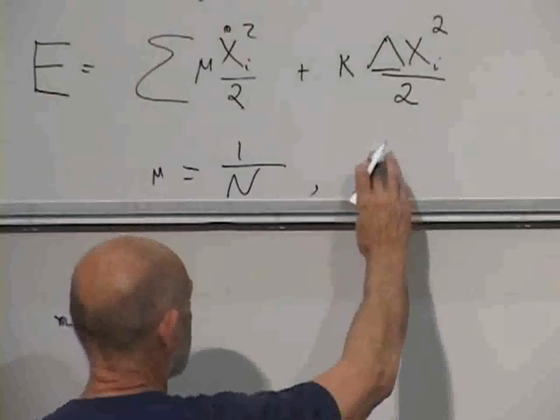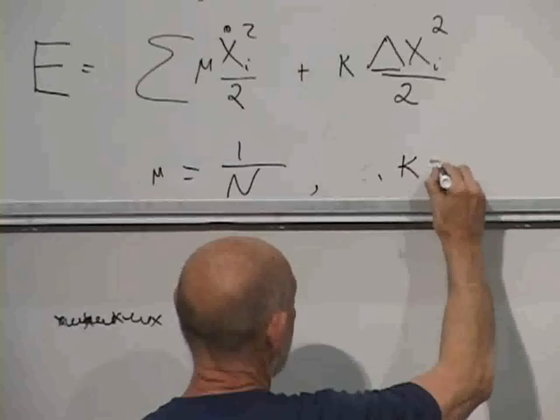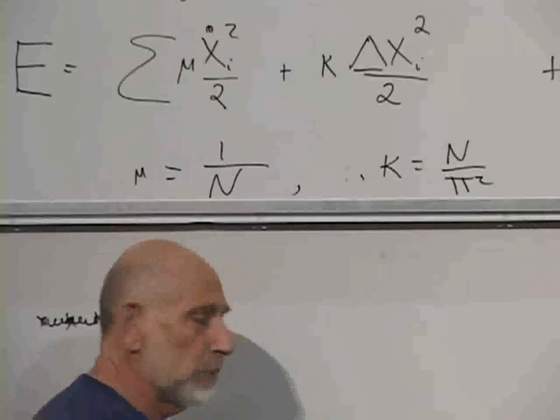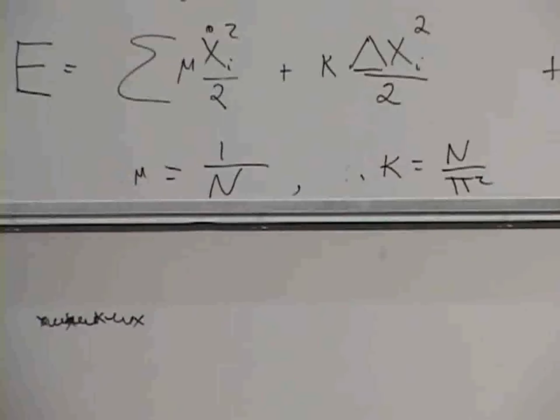This is arbitrary, this is convention. The pi squared is put there only for the purpose of minimizing the number of pi's in formulas at the end. If you don't want to worry about the pi's, just ignore them. They play no essential role in anything. I put them in order to get rid of pi's at some later stage, so don't worry about them.